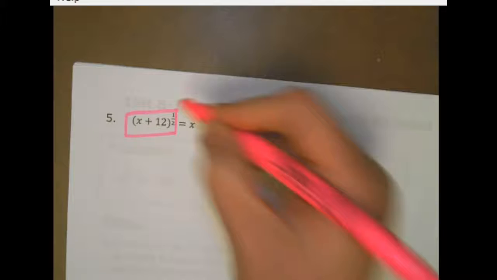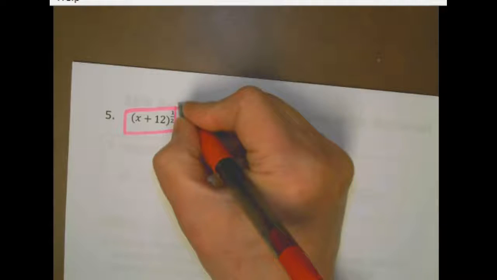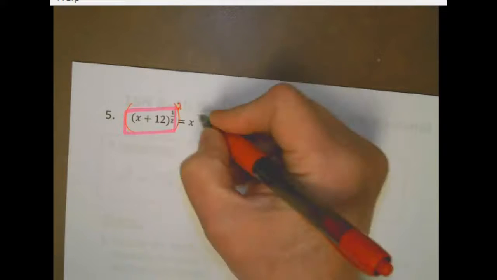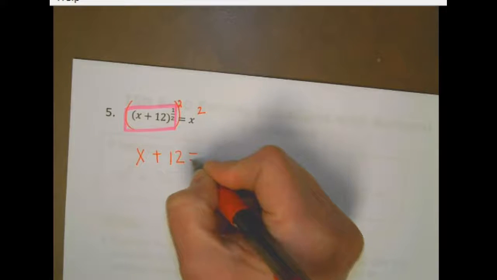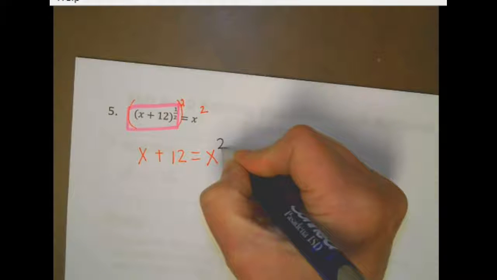This needs to be isolated. It is isolated. So I'm going to go ahead and raise it to the reciprocal power. What's the reciprocal of 1 over 2? 2 over 1. So I'm going to raise this to the second power. And that's going to cancel out the powers. See this number right here?